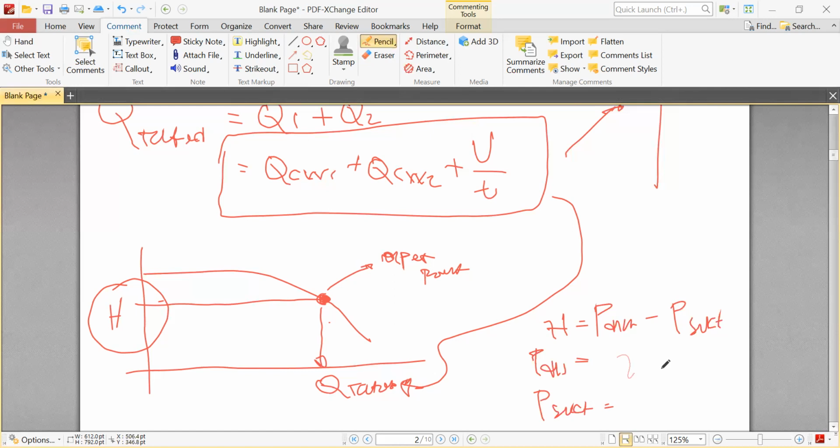And then finally we can calculate the head of the pump.